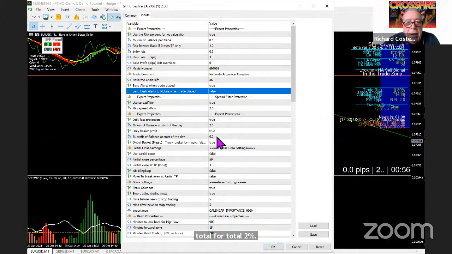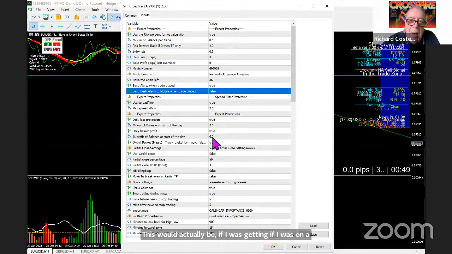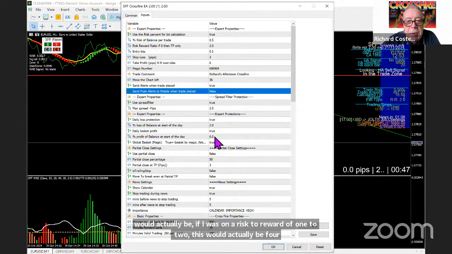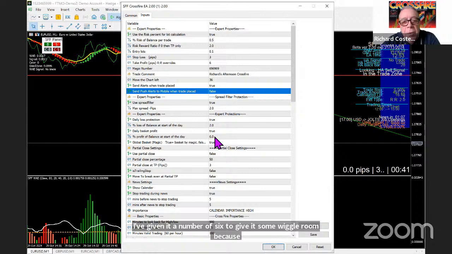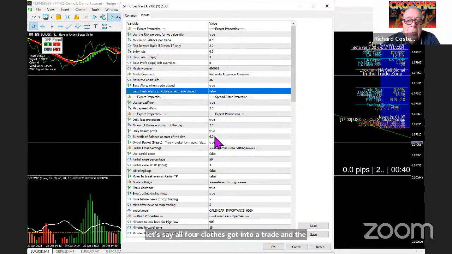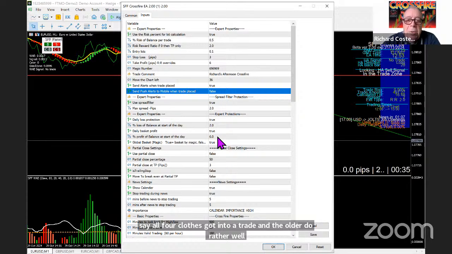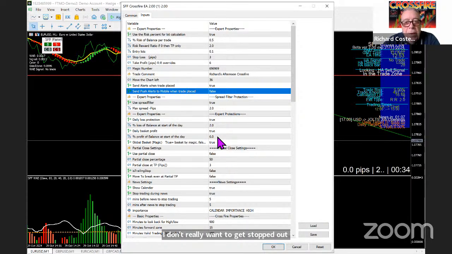This would actually be, if I was on a risk to reward of 1 to 2, this would actually be 4. But I've given it a number of 6 there to give it some wriggle room, because let's say all 4 pairs get into a trade and they all do rather well, and I don't really want to get stopped out just because it's gone to slightly more than 1% per pair.